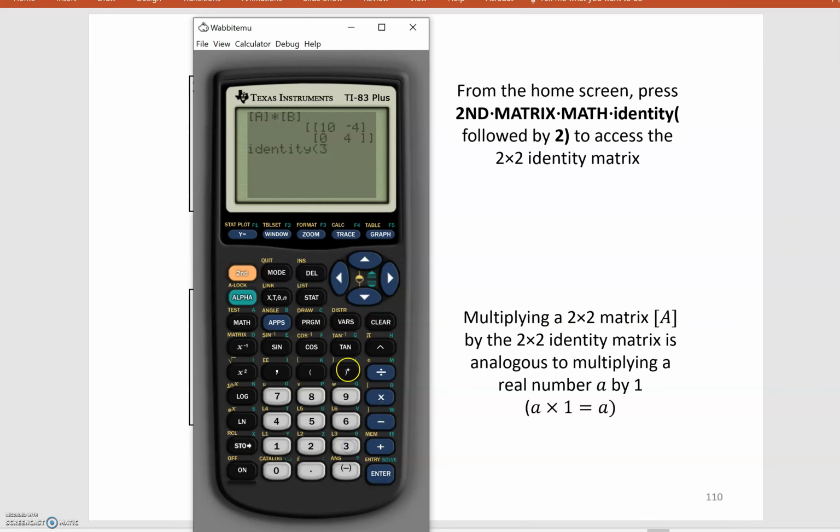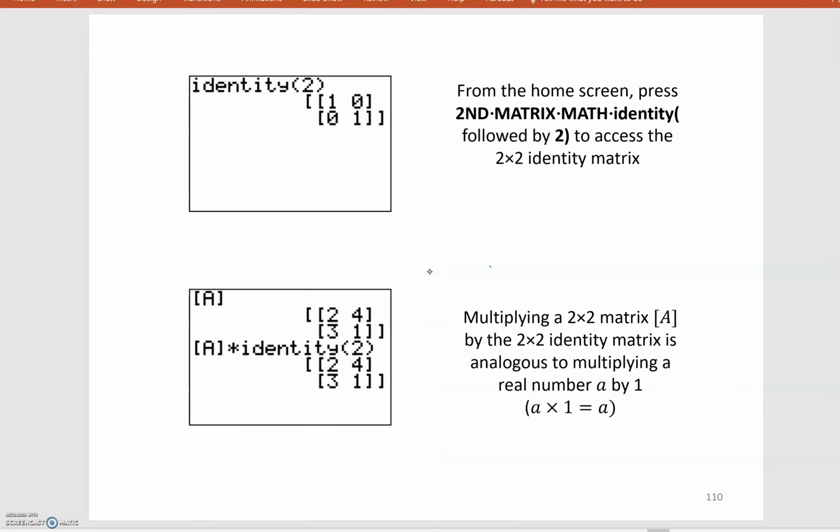Let's say I want to look at the 3 by 3 identity. It will just pull it up for me. So there you go. Okay, and so this slide here is talking about the multiplicative identity thing that I was just discussing. Multiplying a matrix by its identity leaves the matrix unchanged.